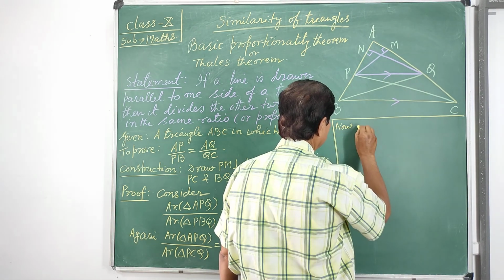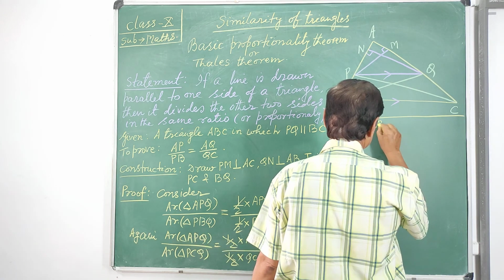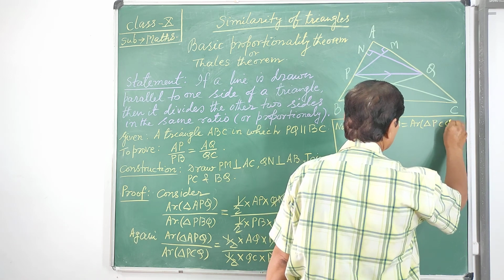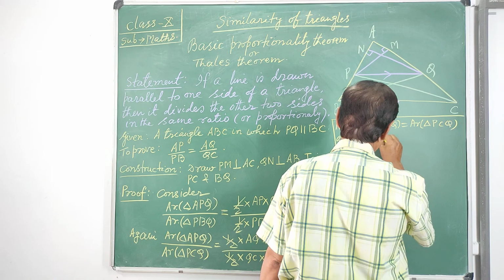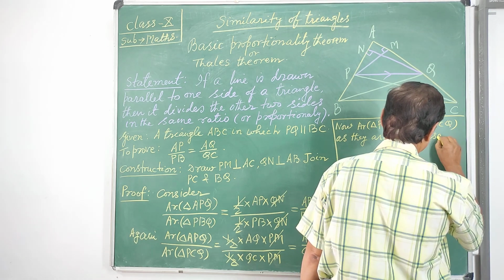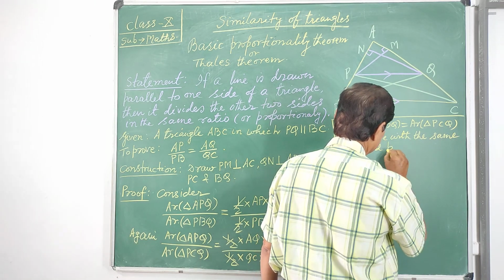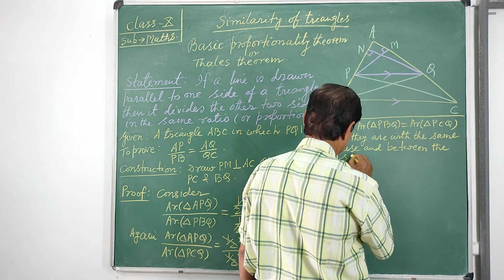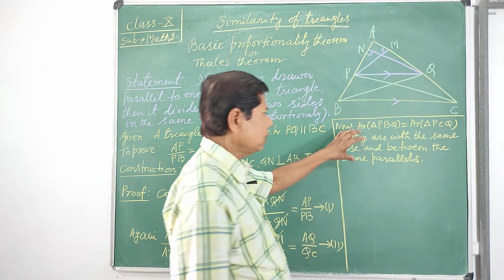Now, area of triangle PBQ is equal to area of triangle PCQ, as they are lying between the same parallels on the same base.